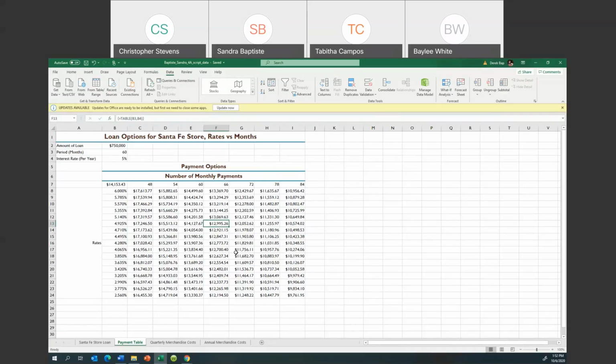And this gets me closest to my 60 months and that 5% that the bank said. So maybe I can haggle with them to get down to a 4.925% interest rate, and I only have to pay 6 extra months. So I have to pay for another half a year. Okay, so this is my best bet.